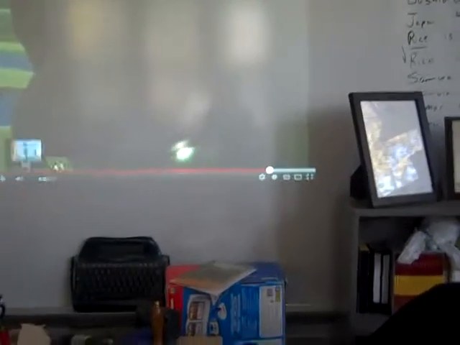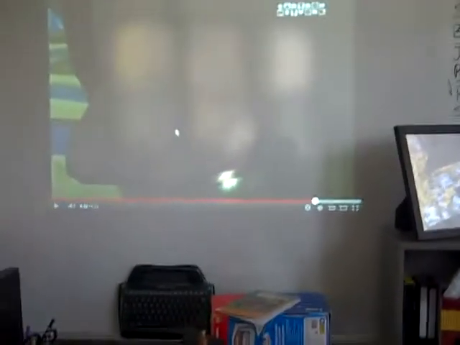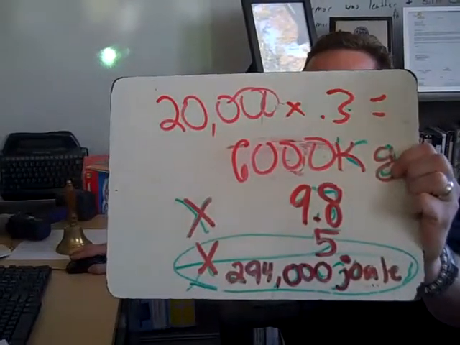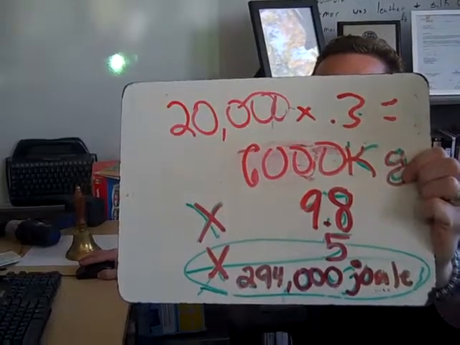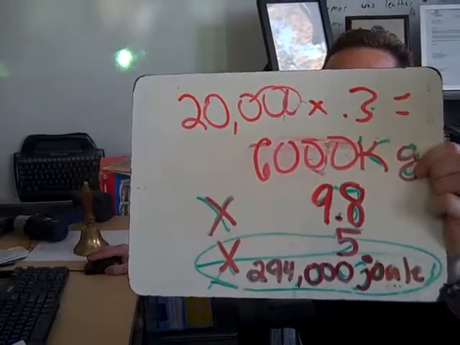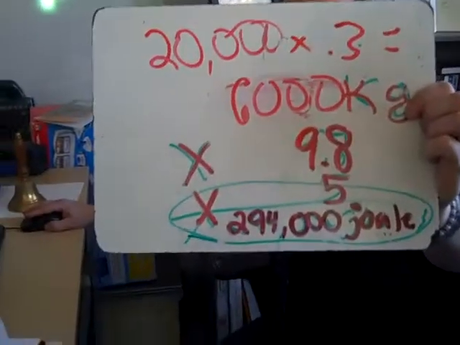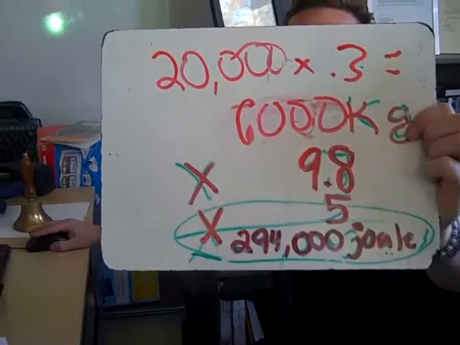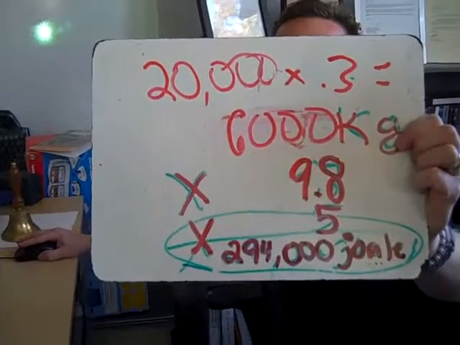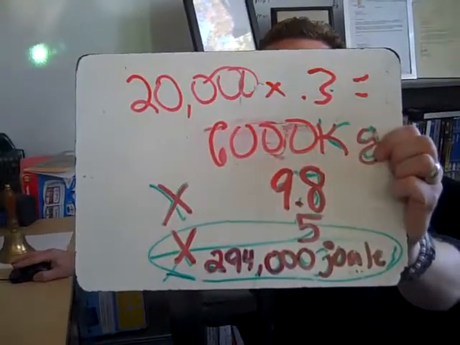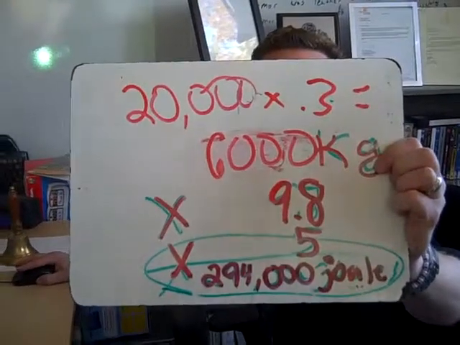Okay, so 6,000 kilograms times 9.8 times 5 equals 294,000 joules. Okay, so if the boulder lands on him, that's how many joules of suffering he'll get.